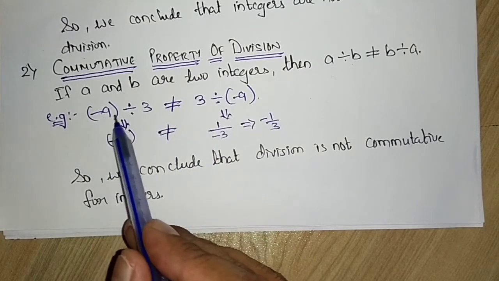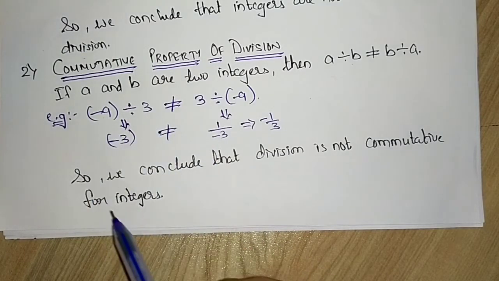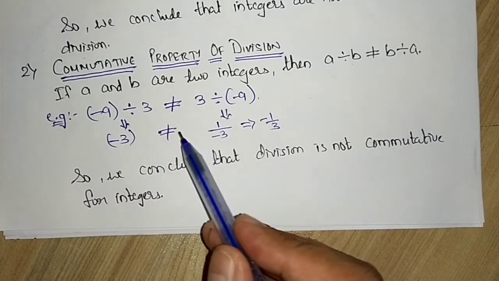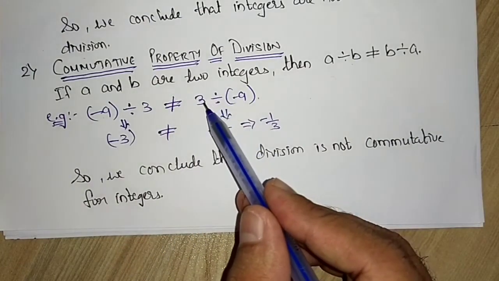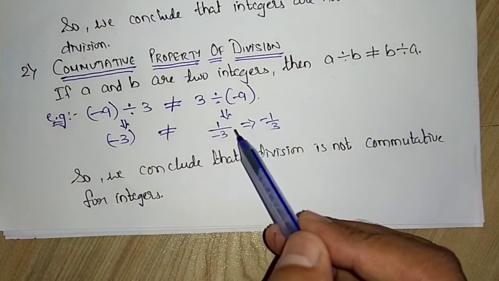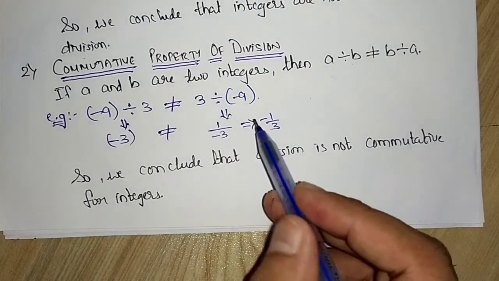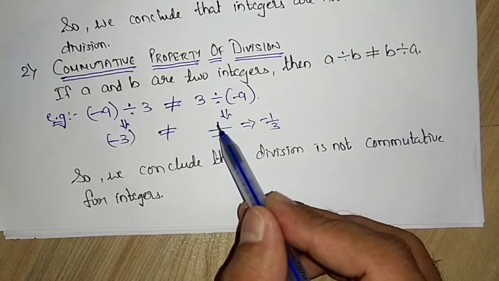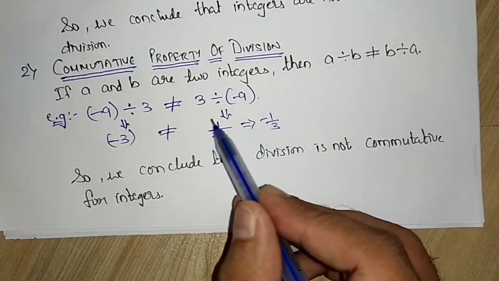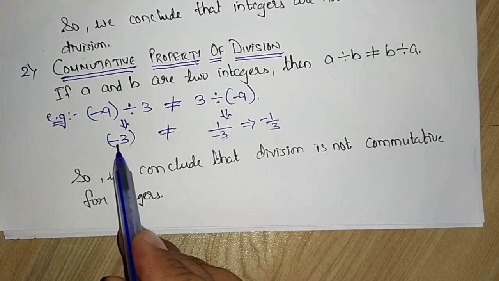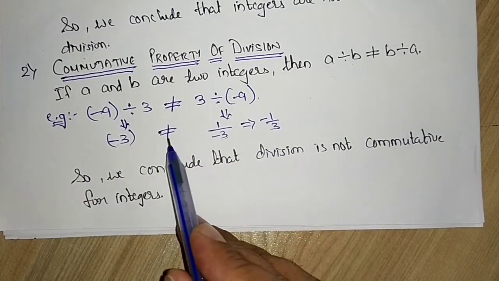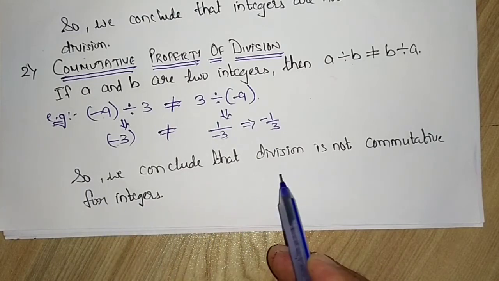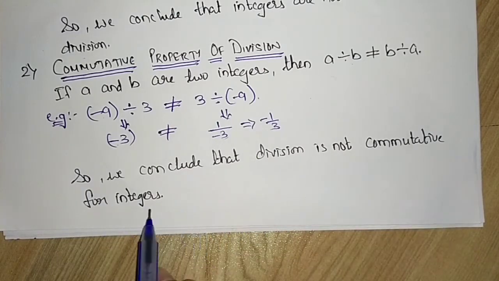That is, -9 divided by 3 will give me -3, which is not equal to b divided by a. 3 divided by -9 will give me -1 by 3, and -3 and -1 by 3 are not equal. So we can conclude that division is not commutative for integers.